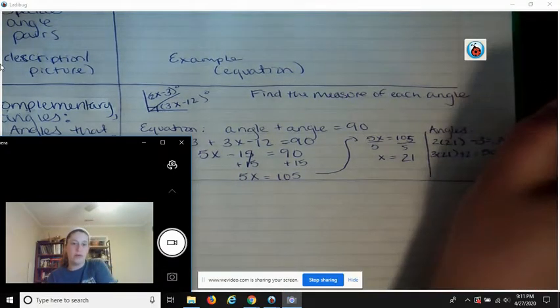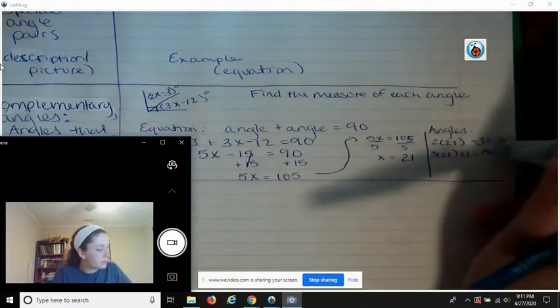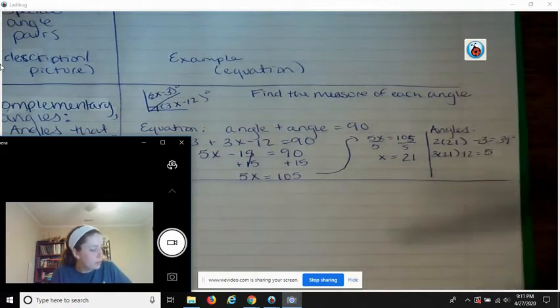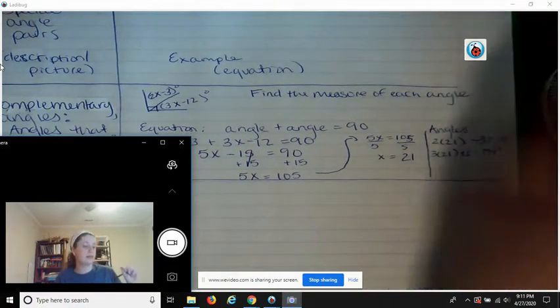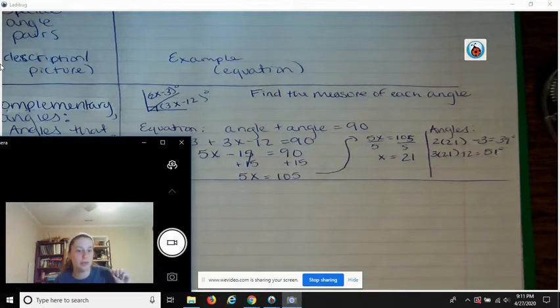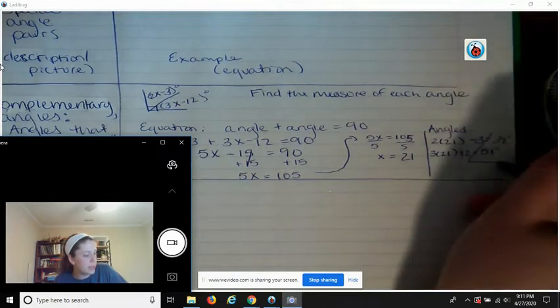Why did I write 50? 51 degrees. So those are my two angle measurements right there, and those are my final answers.